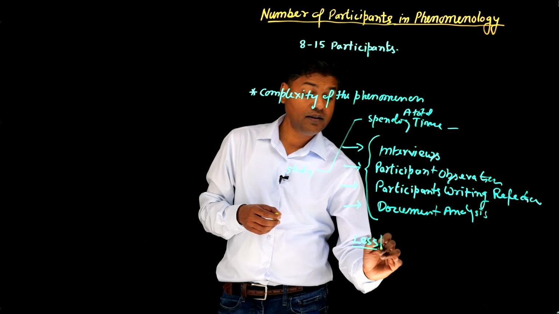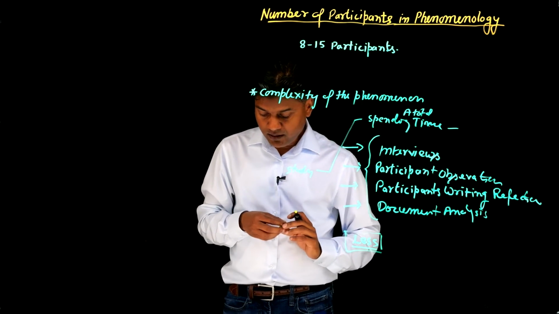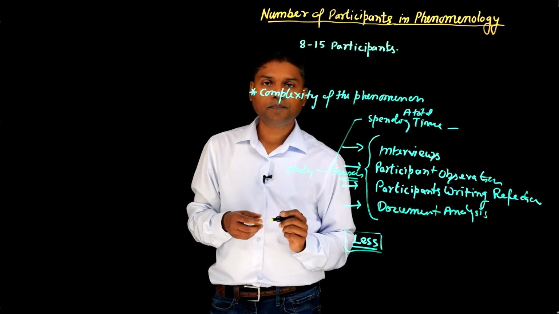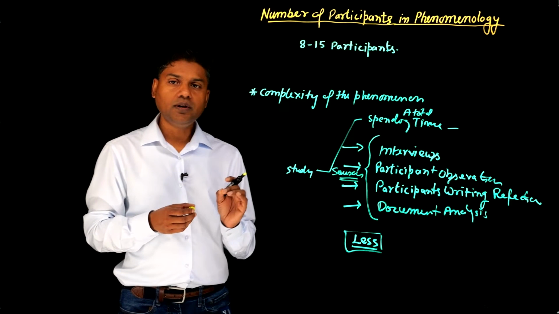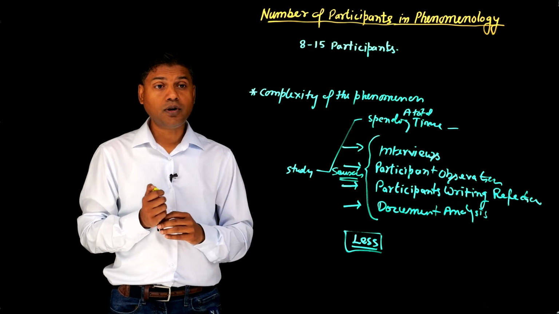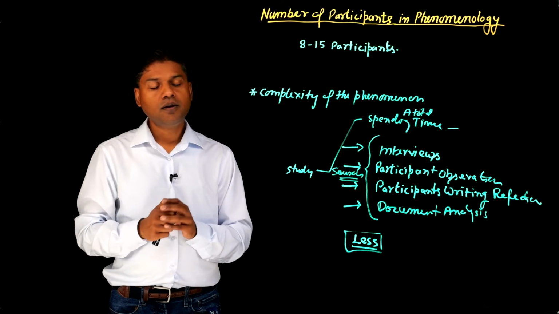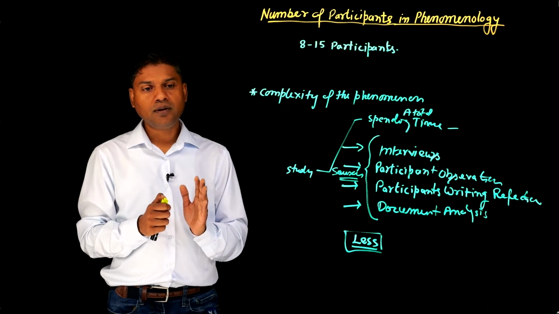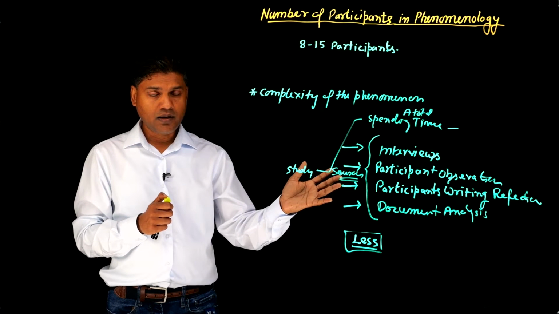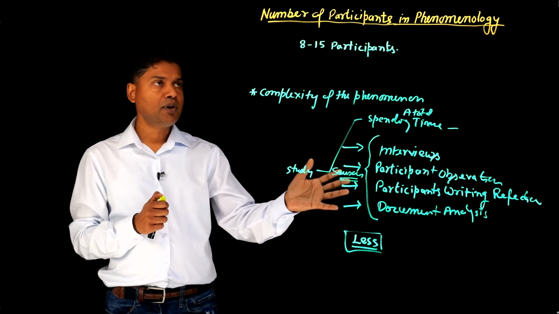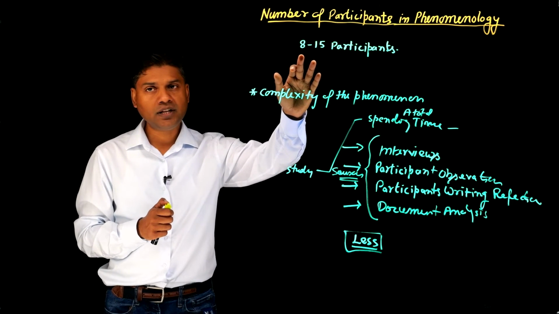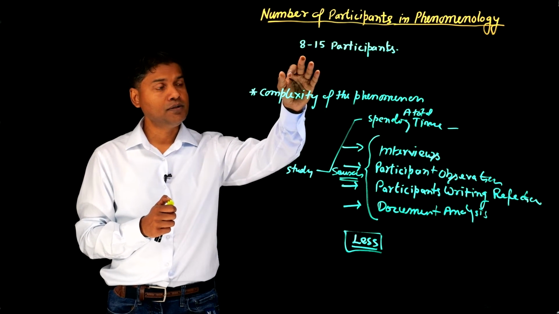So if you are doing a phenomenological study where, based on the phenomenon you are exploring, you are using various means of collecting data, the number of participants will be on the lower side, so maybe around 7, 8, 9 participants.